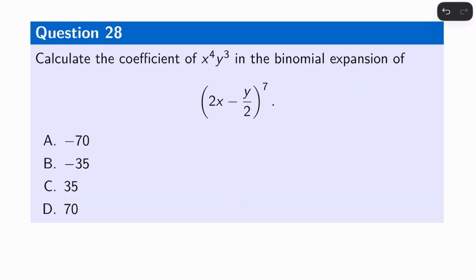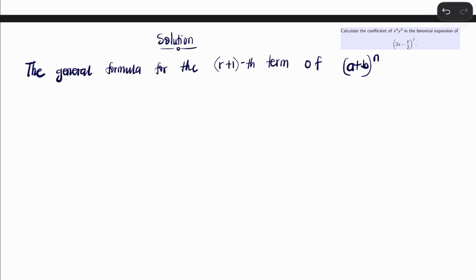Question number 28. Calculate the coefficient of x exponent 4, y exponent 3 in the binomial expansion of (2x minus y on 2) all exponent 7. Solution. The general formula for the r plus 1th term of (a plus b) all exponent n is given as n choose r, then multiplying a exponent n minus r times b exponent r.